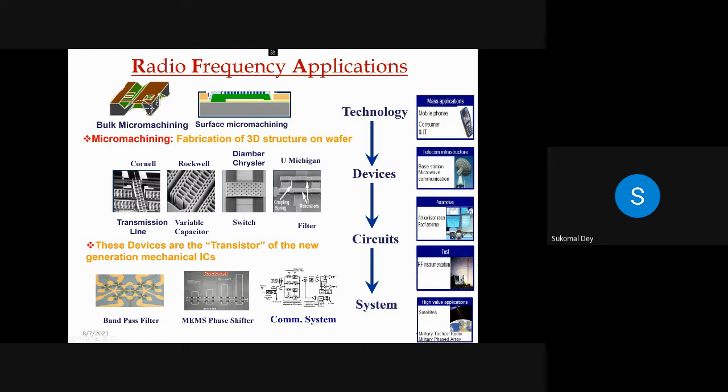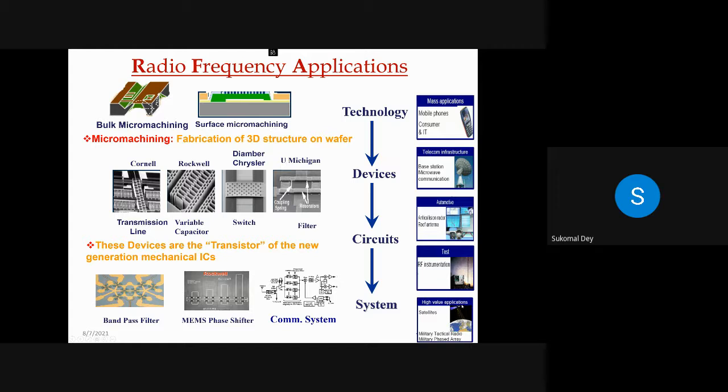On the rightmost side, you can see different applications like mass applications in mobile phones and the consumer market. You can use this technology in telecommunications, automotive, test, and high value applications, that is, in satellites.